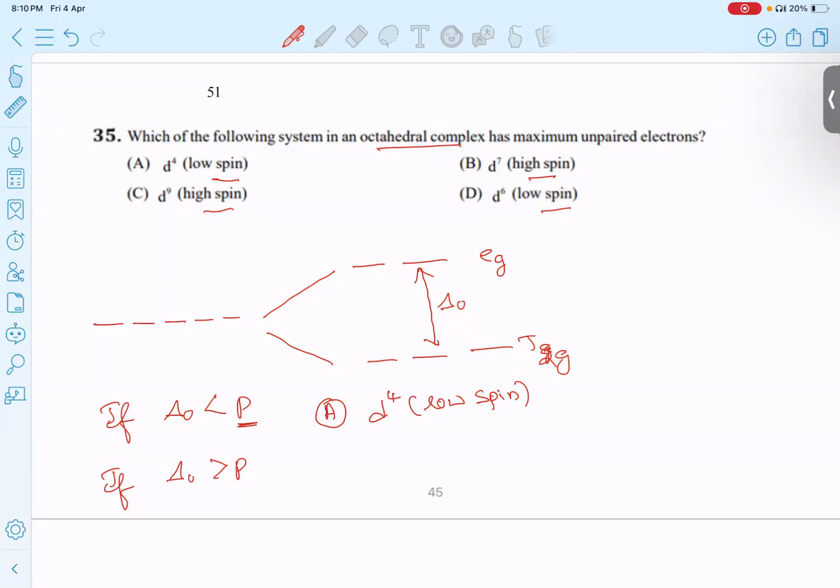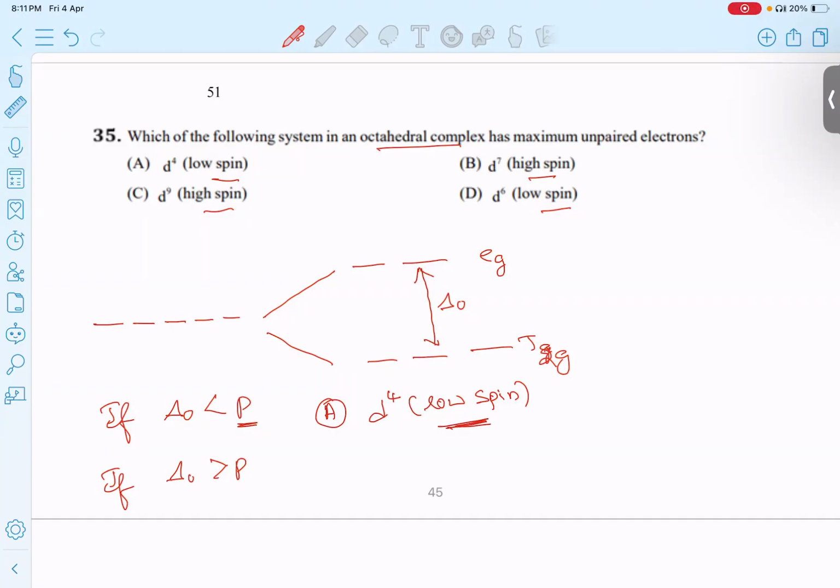Such ligands are known as weak field ligands and form high spin complexes. If delta naught is greater than P, ligands are known as strong field ligands and form low spin complexes. So d4 low spin complex means delta naught is greater than P.